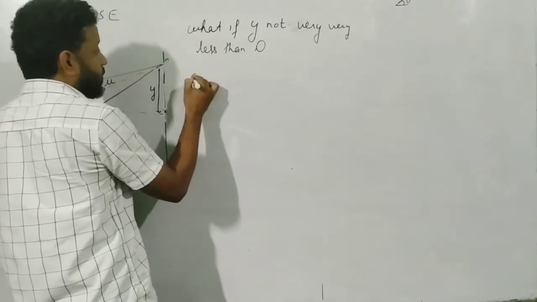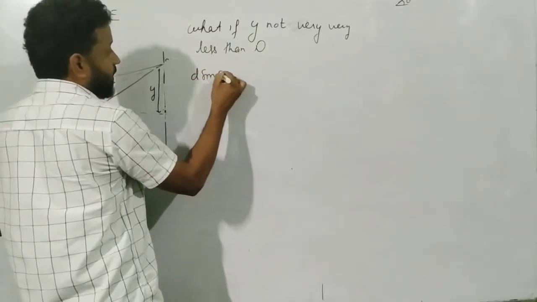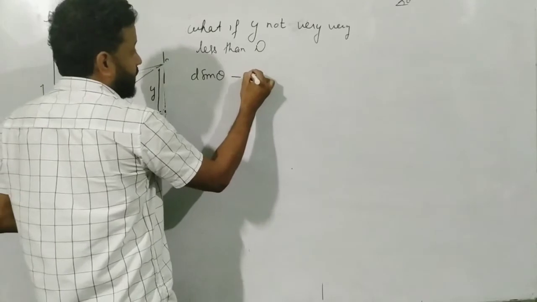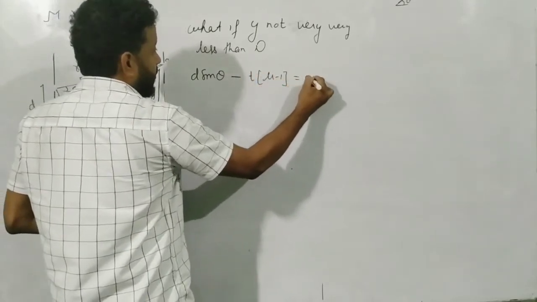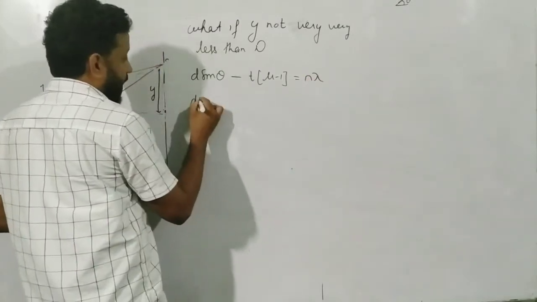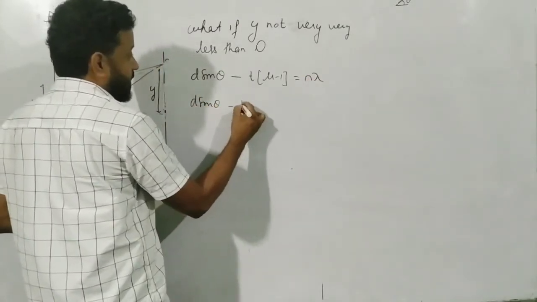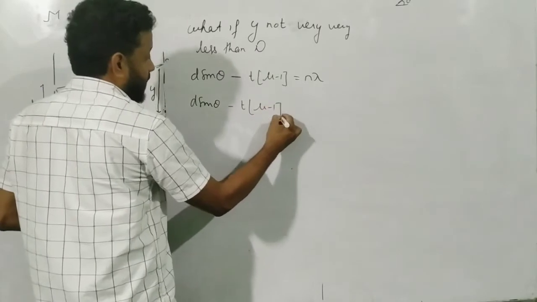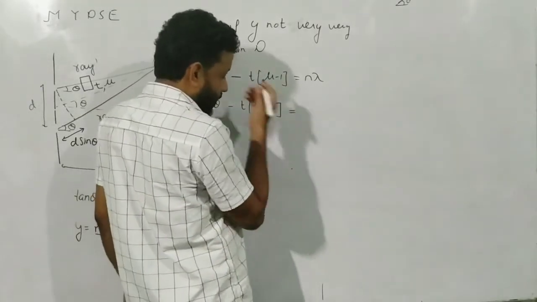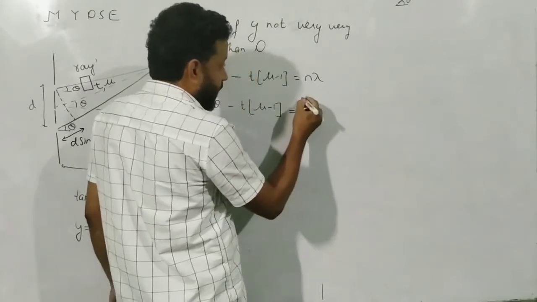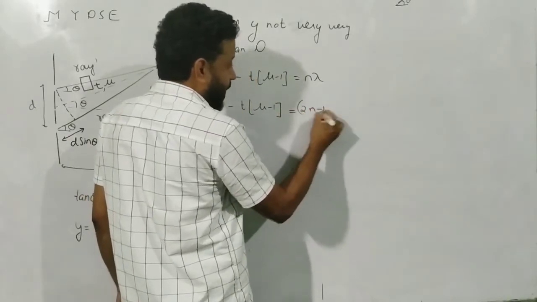In that case, you have to stick with the general formula. The general formula says d sin theta minus t into (mu minus 1) is equal to n lambda for maxima, and d sin theta minus t into (mu minus 1) will be equal to (2n minus 1) lambda by 2.